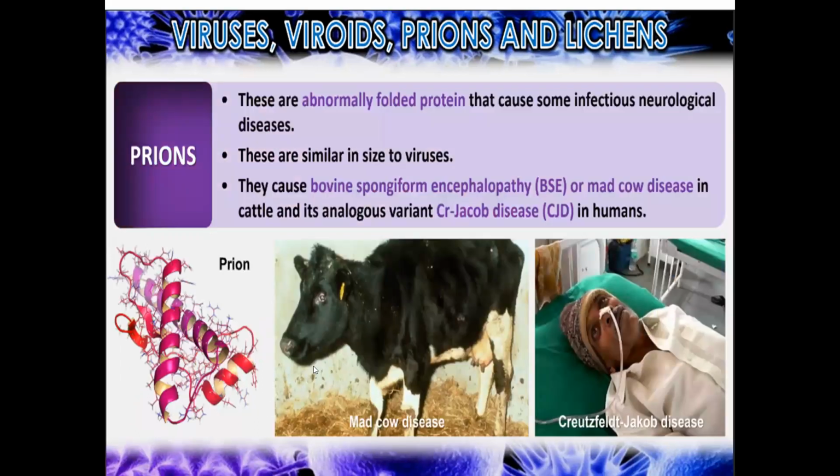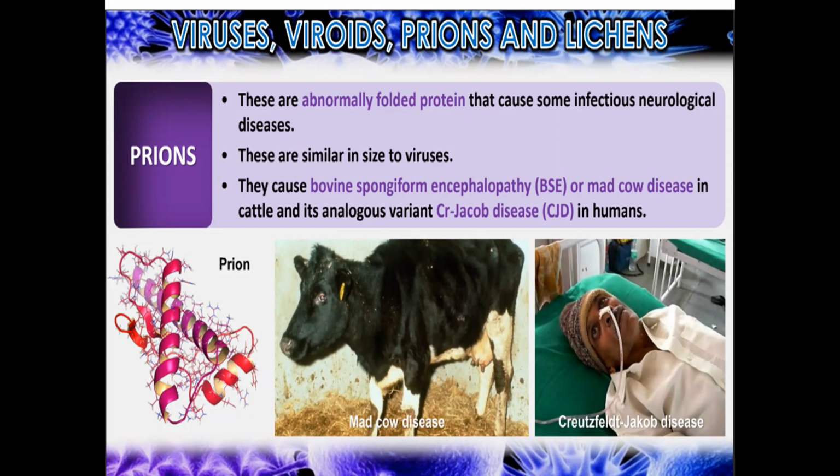Next, prions. Now this is the opposite. These are abnormally folded proteins that cause some infectious neurological disease. What is a prion made up of? Protein, but no RNA. So a virus has both protein and RNA. Viroids have RNA but no protein.